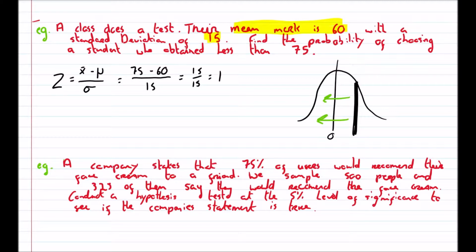And we know from learning, I suppose, that in order to get the probability of all of this, we will just look at the z-score, transfer our z-score into a probability using our tables. And if we look at our tables, I can see that one is 0.8413. So that's the probability of me choosing a student who obtained less than 75 marks. Okay, so there's an example of just a straightforward z-score.